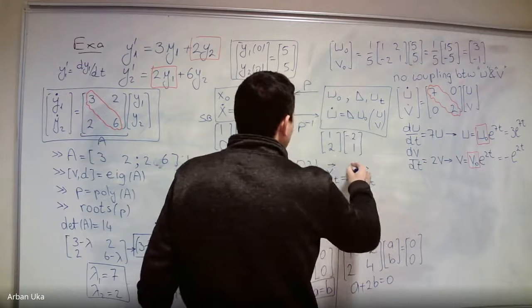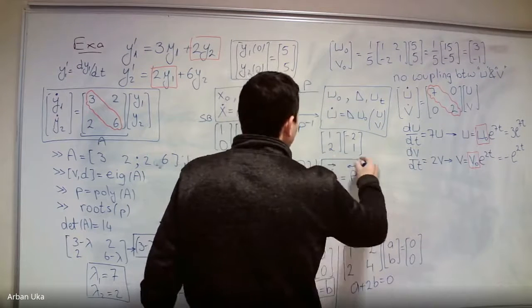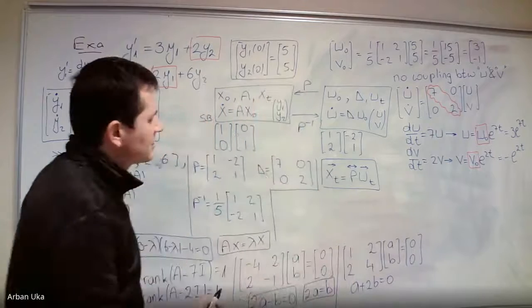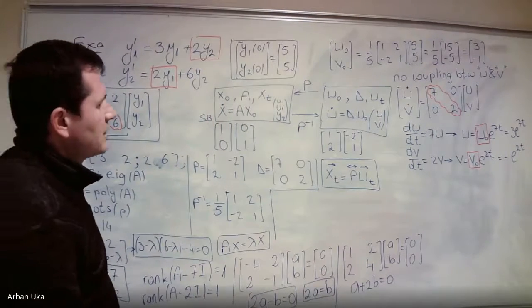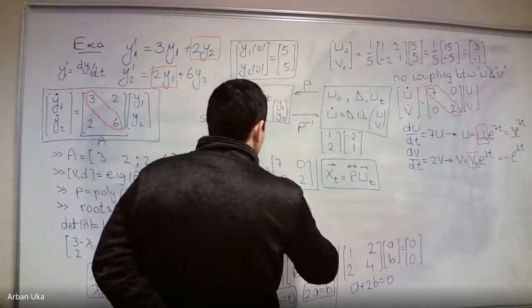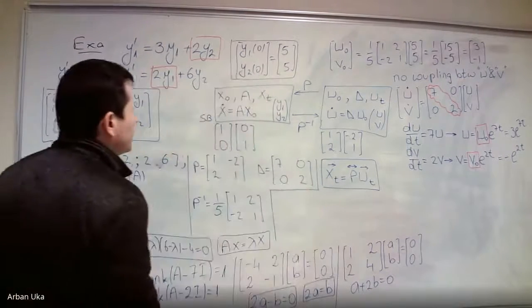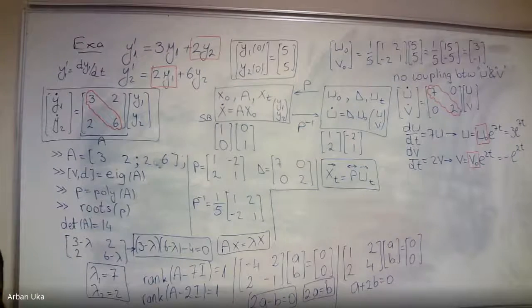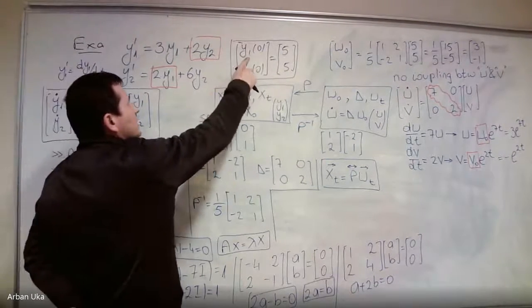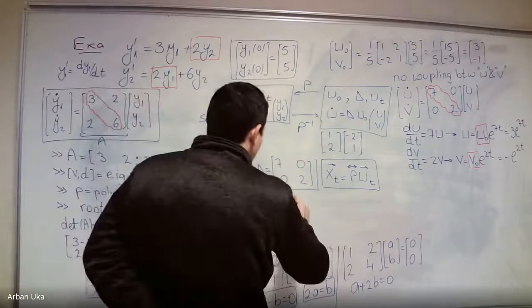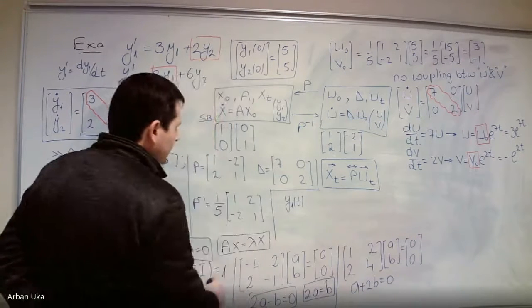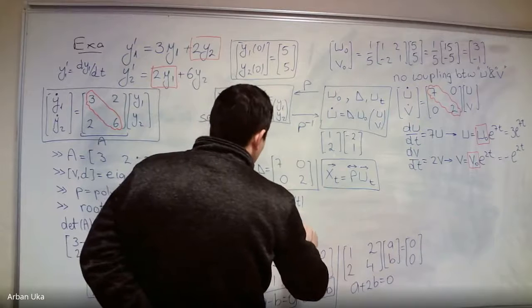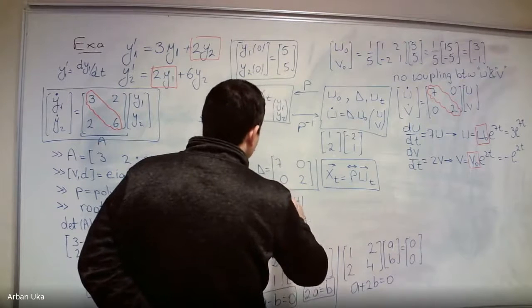Let's not forget that u(t) is a vector and x(t) is another vector. In this case, x(t) itself is the vector y1, y2. So we can write y1 as a function of time and y2 as a function of time.